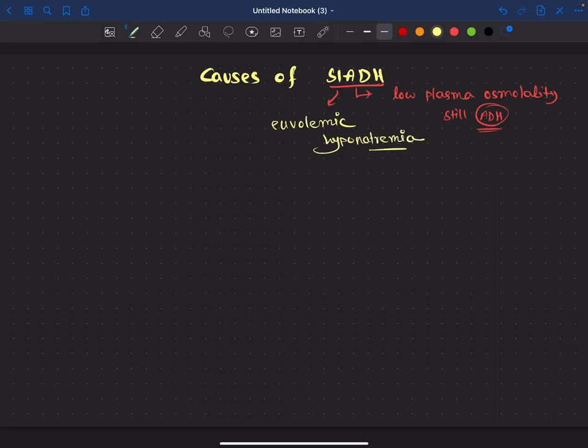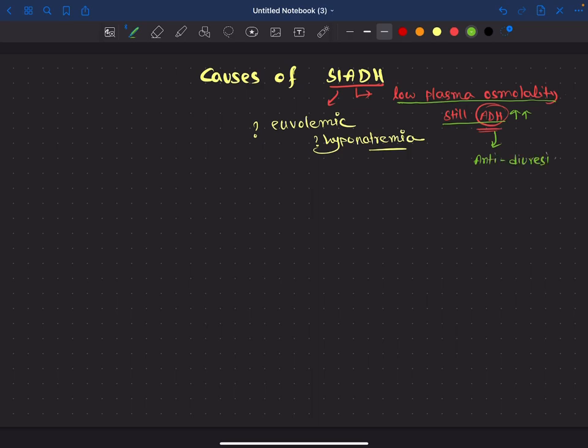Okay. Now why is there euvolemic hyponatremia and why is there hyponatremia? Please understand here. Though low plasma osmolality is there, still there is ADH secretion happening. Because of this ADH secretion, what happens? It will cause antidiuresis.